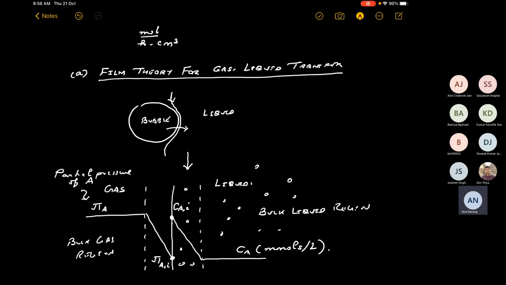This is the path of the liquid. One can imagine that initially there is some transient, but as the liquid flows along the bubble for a long period of time, there is a long contact between the liquid and the bubble, then the concentration profiles that define what is happening inside the boundary stabilize to a steady state. And that is the assumption being made here.